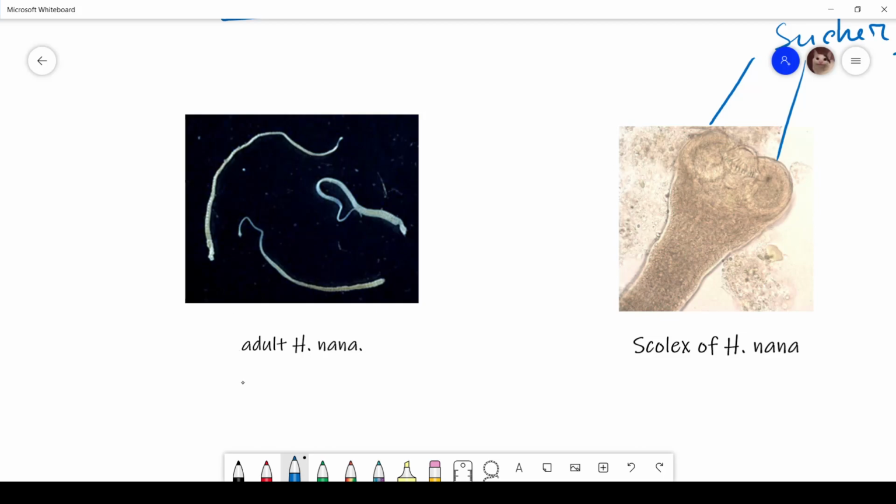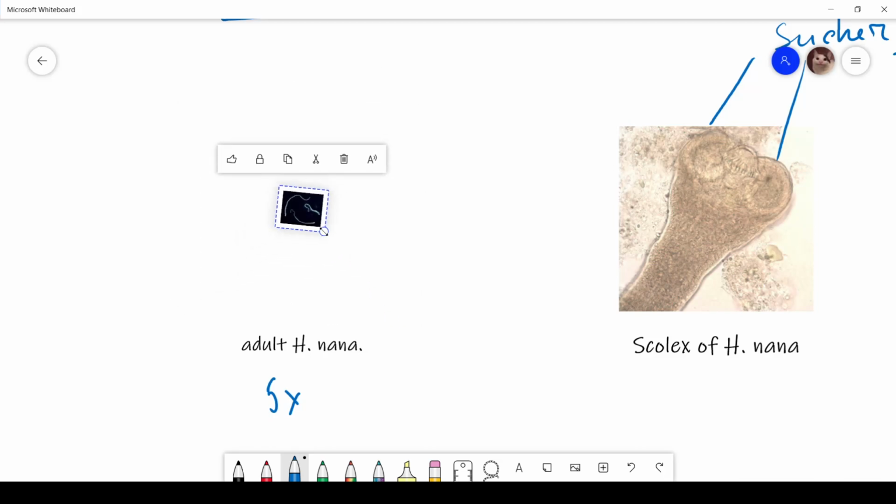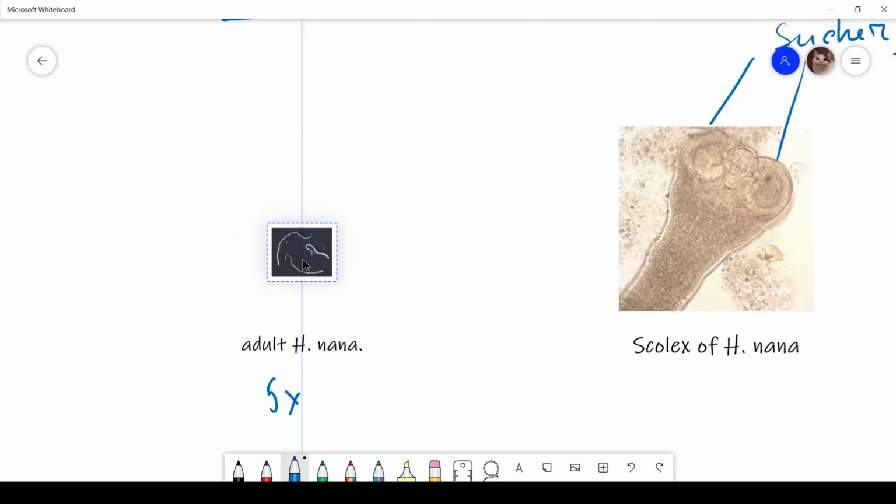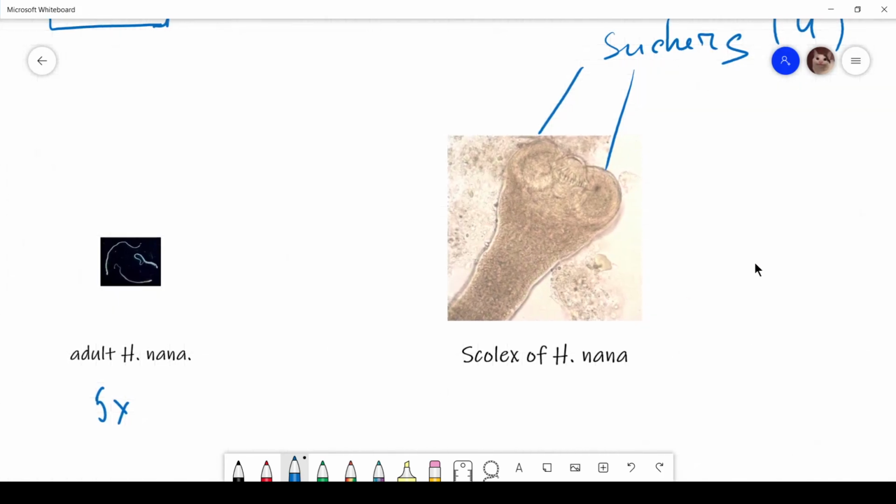Okay, an adult Hymenolepis nana looks like this, but it is 5x magnification. They are smaller. Yes, they look like that. And this is the scolex of Hymenolepis nana.